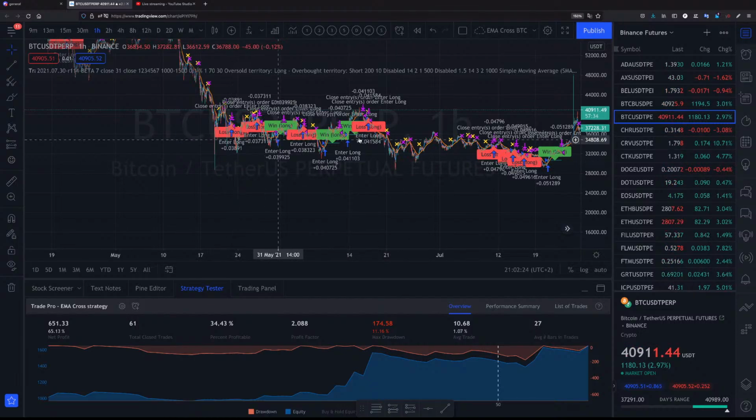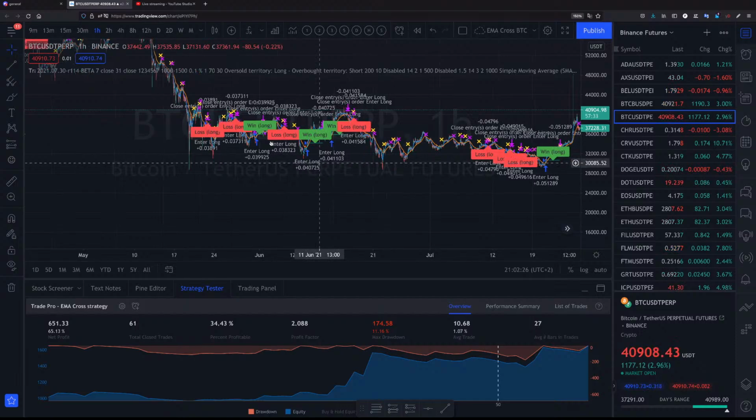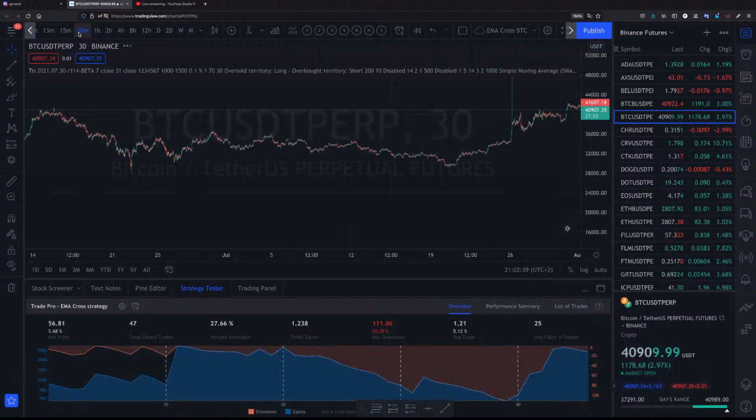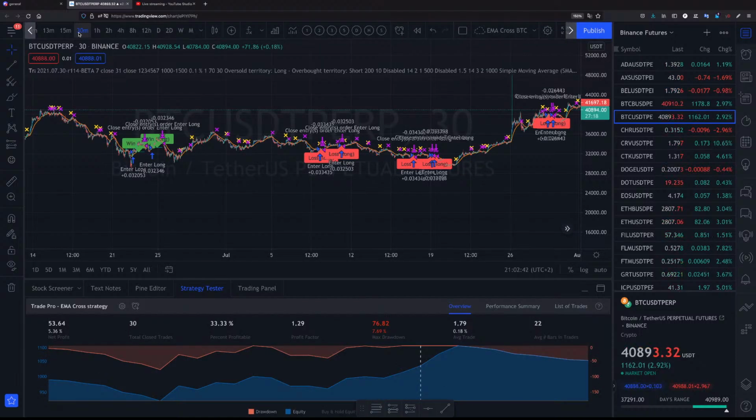Like these are so many. This is market going sideways. I'm sure you can filter this out. This, yeah, but 5%, nothing. This is nothing.